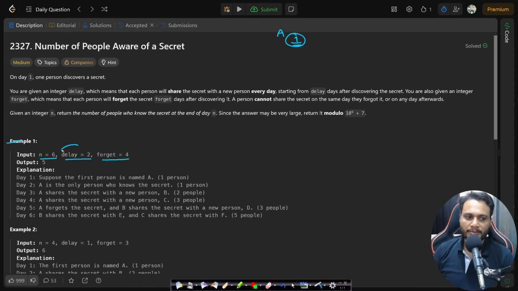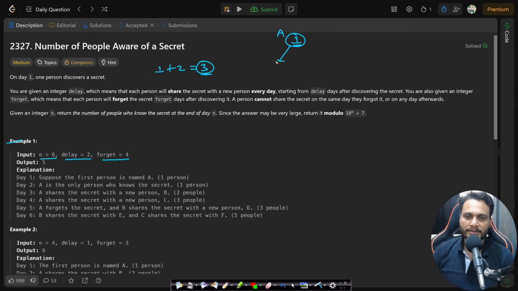Now since the delay period is 2, at day 2 only A will be knowing the secret. There will be nobody else, because A will not be able to share the secret until the delay period is over. So if you add the delay period to when A came to know it, which was 1, it will be 3. That means starting from day 3 only A will be able to share the secret.